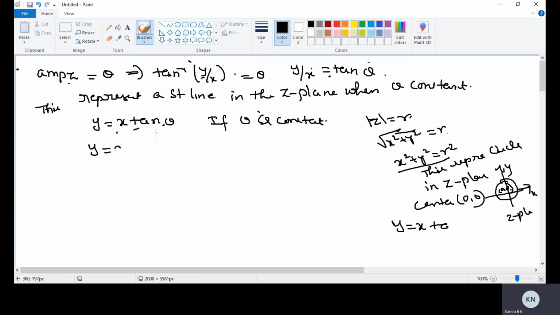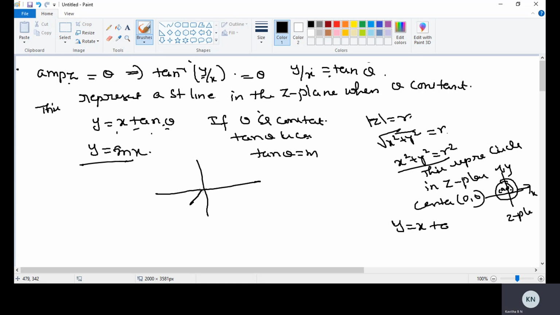Then tan theta we are considering m. This is y is equal to mx. We know that this is a straight line. y is equal to mx plus c is a straight line passing through the origin.